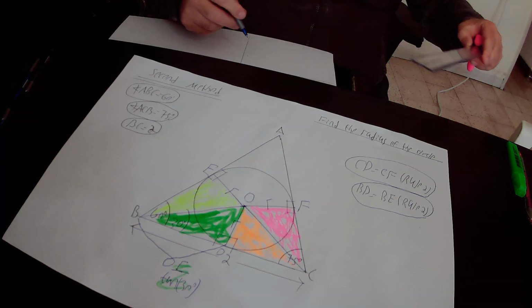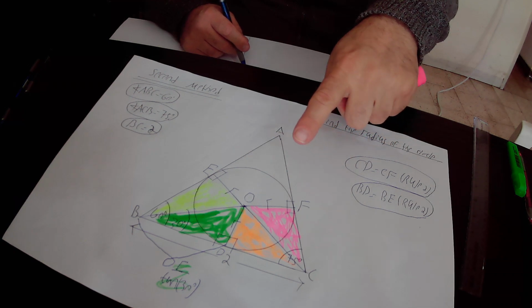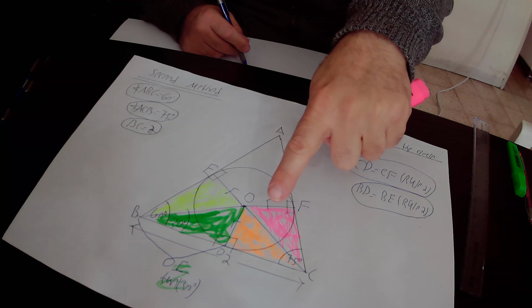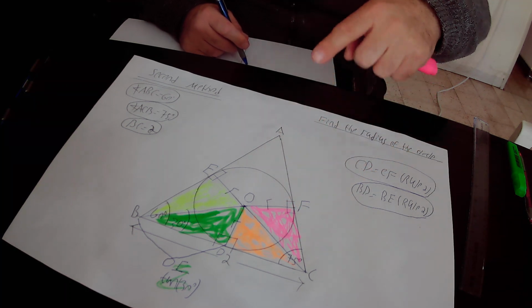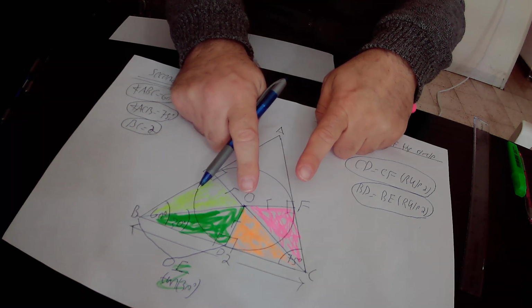So we actually proved that all three sides of the pink right triangle OFC are correspondingly equal to all three sides of the orange right triangle ODC. Therefore, we proved that those two right triangles are congruent according to the side rule.